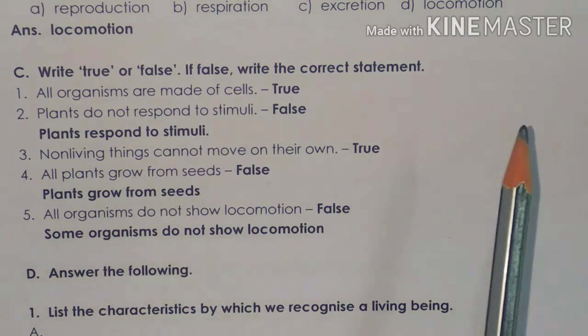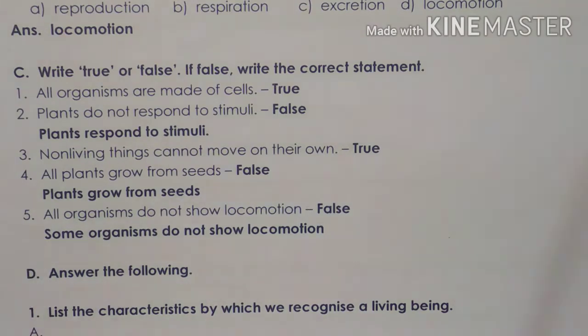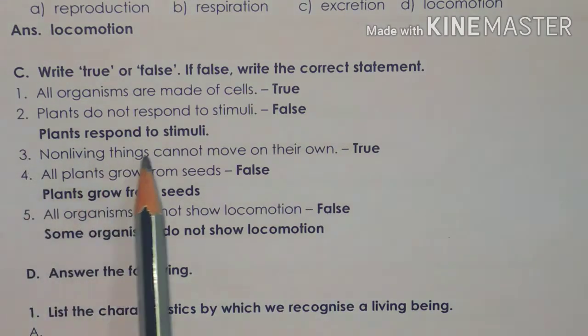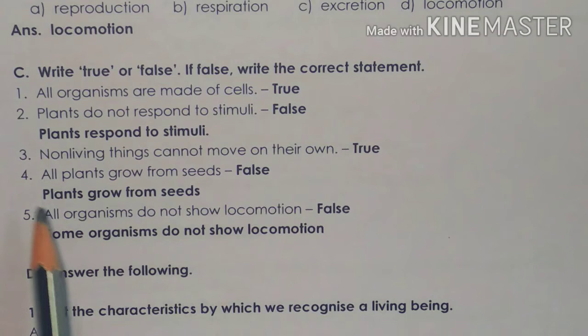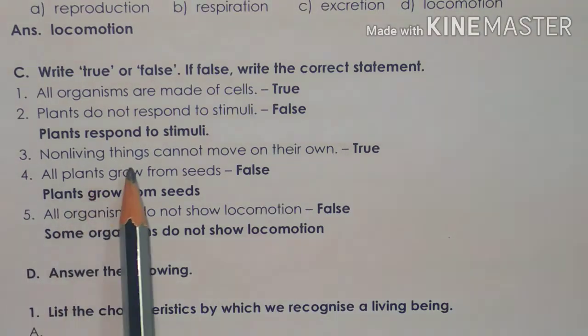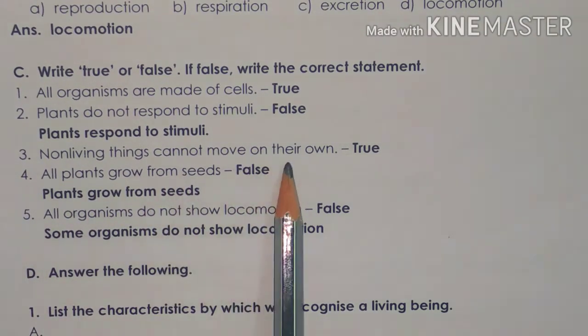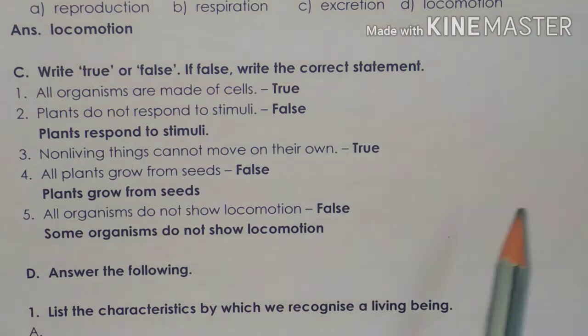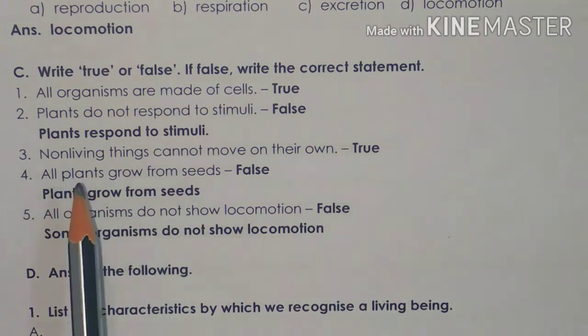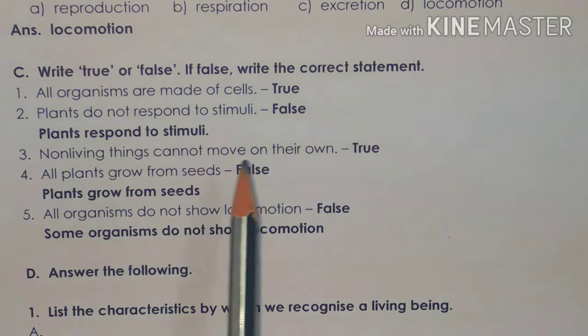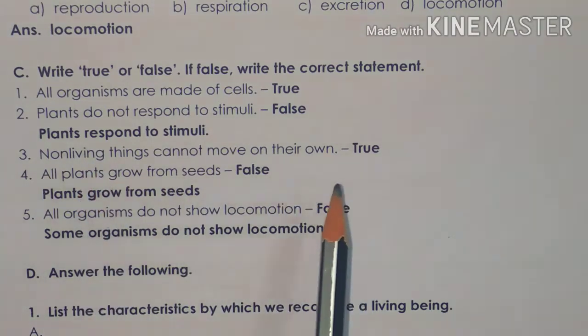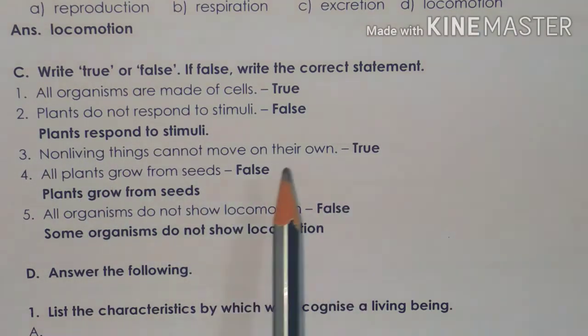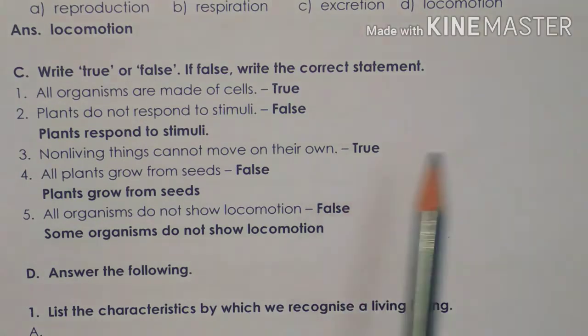This is false because we all know that plants respond to stimuli. Third one, non-living things cannot move on their own. This is correct. Unless and otherwise we move them, non-living things like table, stone and other things, they cannot move on their own. So this statement is true.